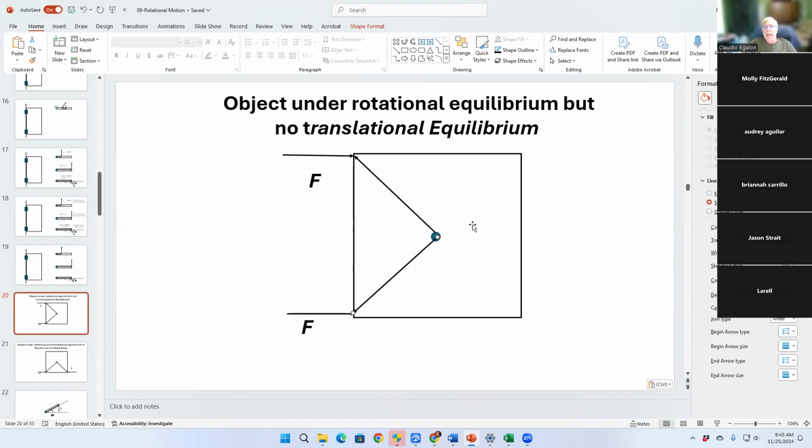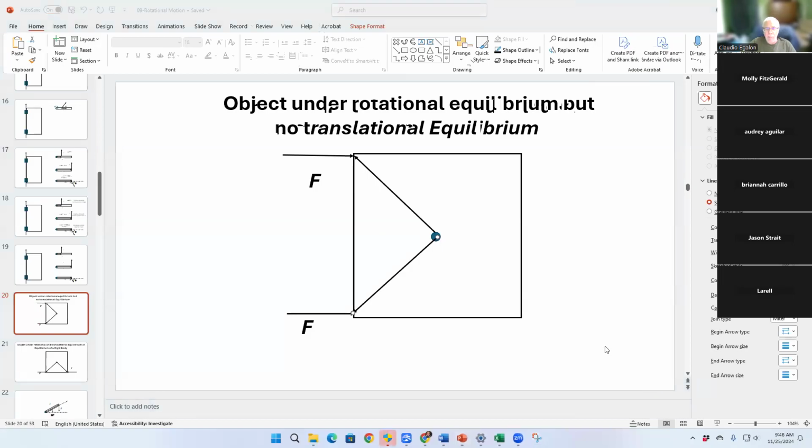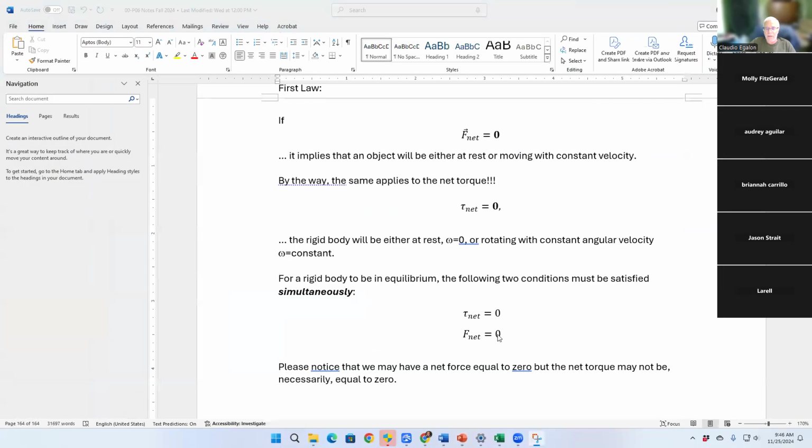Here, the net torque is going to be 0 because this force is making the object rotate in the clockwise direction, whereas this force is making the object rotate in the counterclockwise direction, and they're going to cancel each other. It's rotational equilibrium, but it's not in translational equilibrium. The object is going to accelerate in this case.